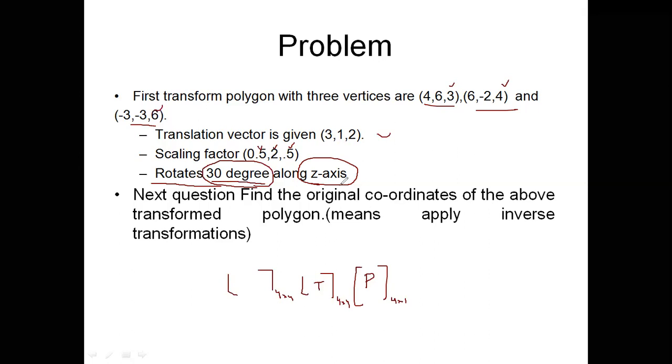By default, if it is not written anticlockwise, you take it as a positive angle. If it is especially written as a clockwise direction, then you will choose this angle as a negative angle. Now here you will write the scaling matrix, and here the rotation matrix of rotation along the z-axis.